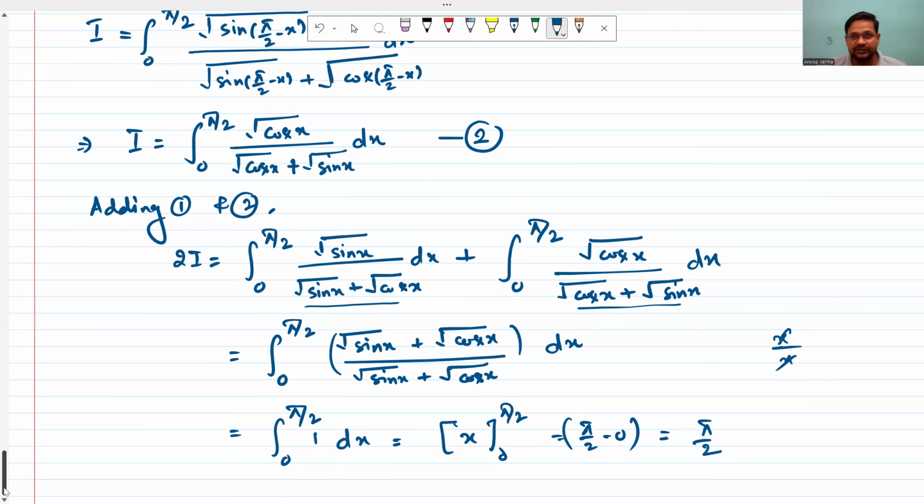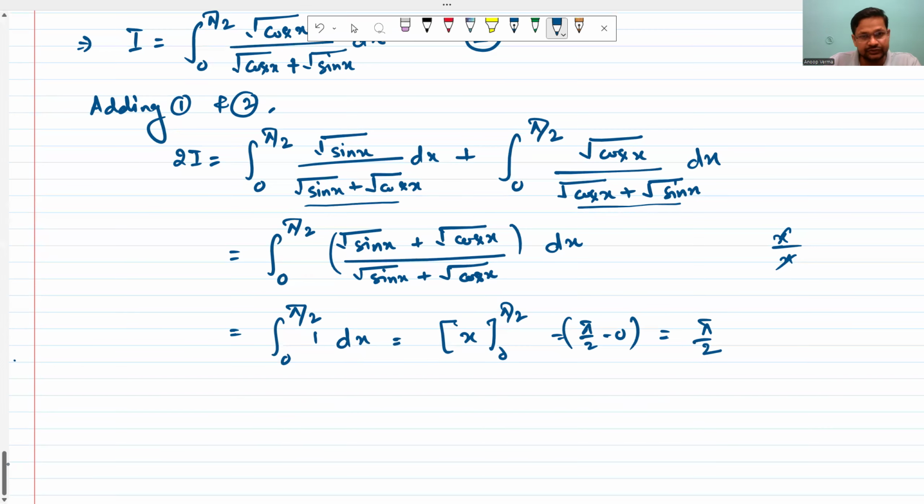So we get 2 times I is equal to pi by 2. Because we want I only, the value of the definite integral, this I is equal to pi by 2 divided by 2, so I is equal to pi by 4.